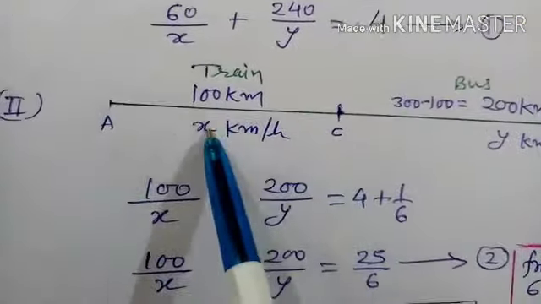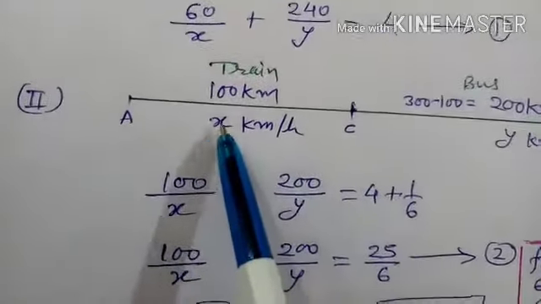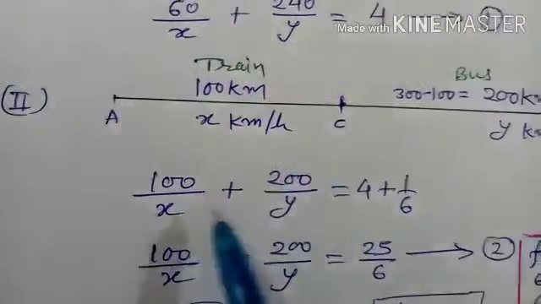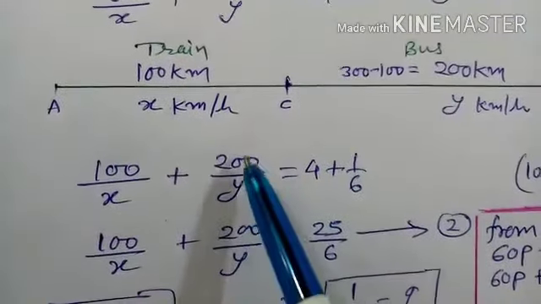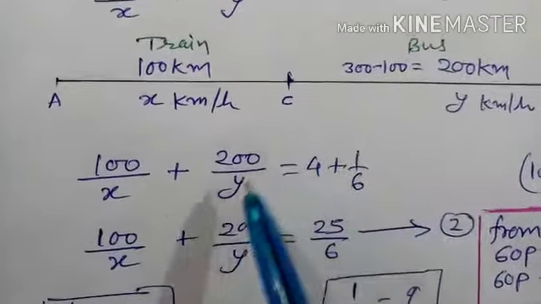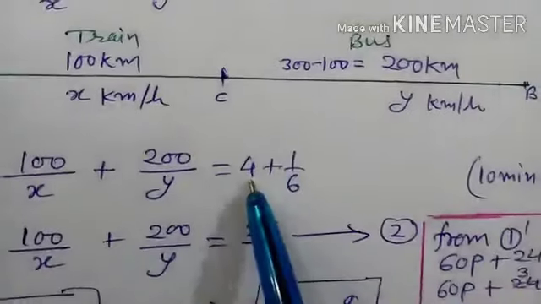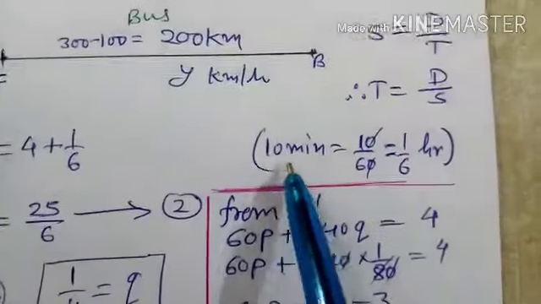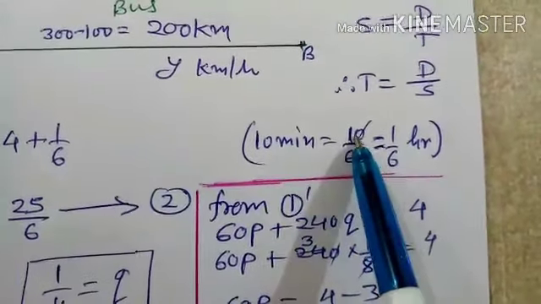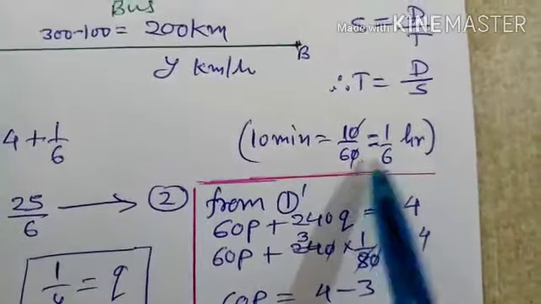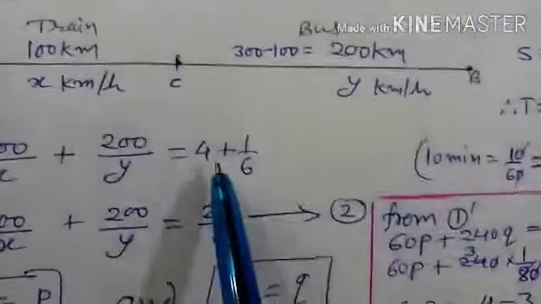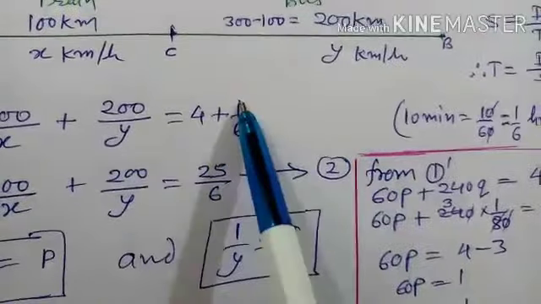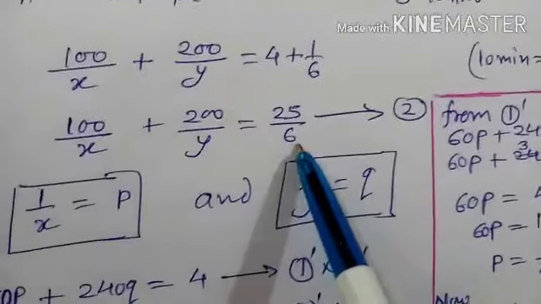So 100 upon x is the time taken by the train, and 200 upon y is the time taken by the bus. The total time is 4 hours plus 10 minutes. 10 minutes means 10 divided by 60, that is 1 by 6 hours. So 4 plus 1 by 6 is 24 plus 1, that is 25 upon 6.